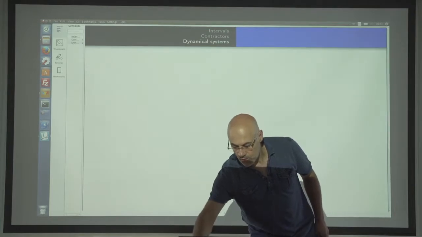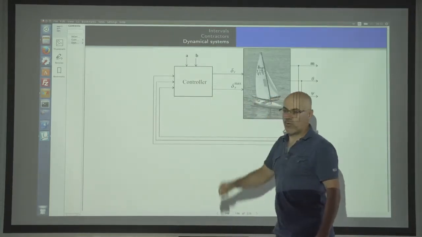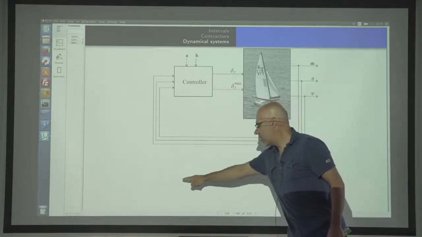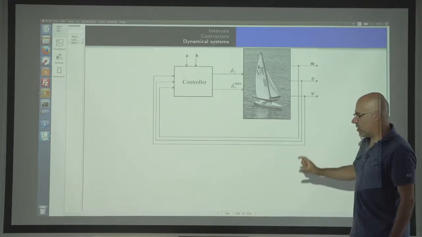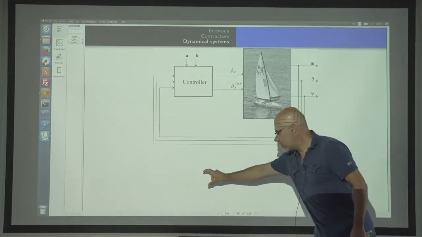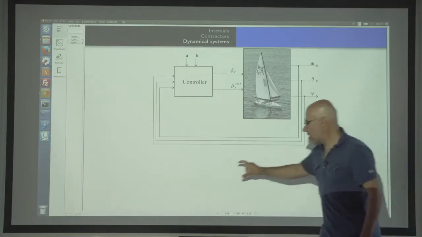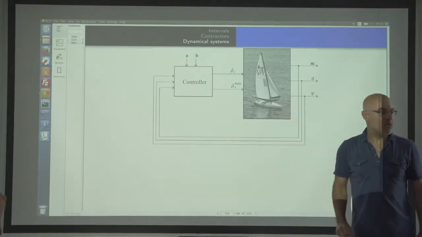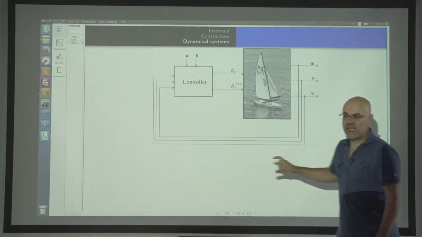The controller for VAIMOS is based on line following. It means you give A, you give B, you have a line, and you want to stay in a corridor of something like 50 meters around the line. We want to prove that VAIMOS will stay inside the corridor.